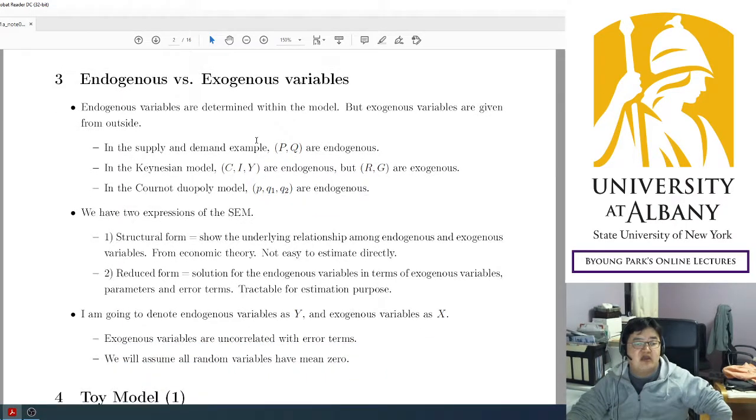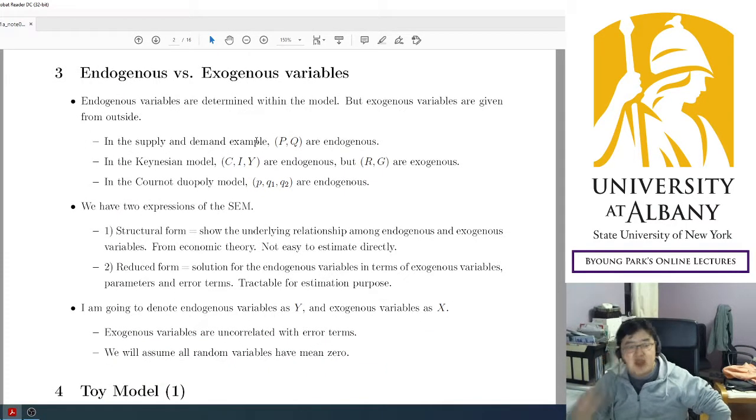In this chapter, I am going to use Y for endogenous variables. There will be multiple endogenous variables in a system of equations, so there may be multiple Y's. And X is for exogenous variables. So whenever you see X in this chapter, assume that it is exogenous.